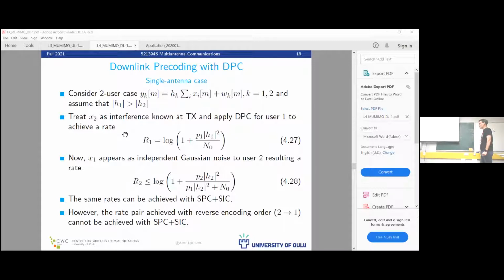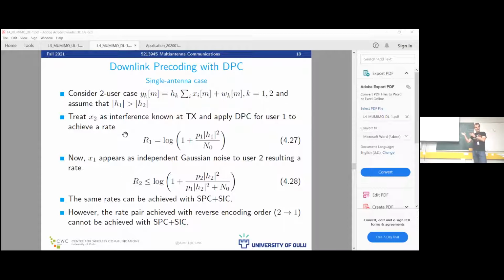That's the difference, right? So SPC SIC can handle, in this scalar case, recall that the SPC SIC does not extend to the vector case because the ordering also depends on the beamformer, right? But now, since in the DPC the ordering is not required, it can handle any scenario.